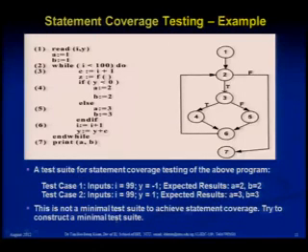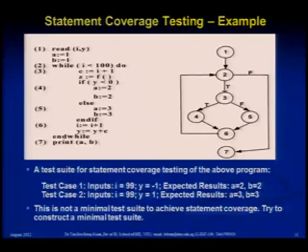This statement says that this particular test suite that has 2 test cases is not a minimum test suite. A minimum test suite means a test suite with the least number of test cases, here for statement coverage testing.